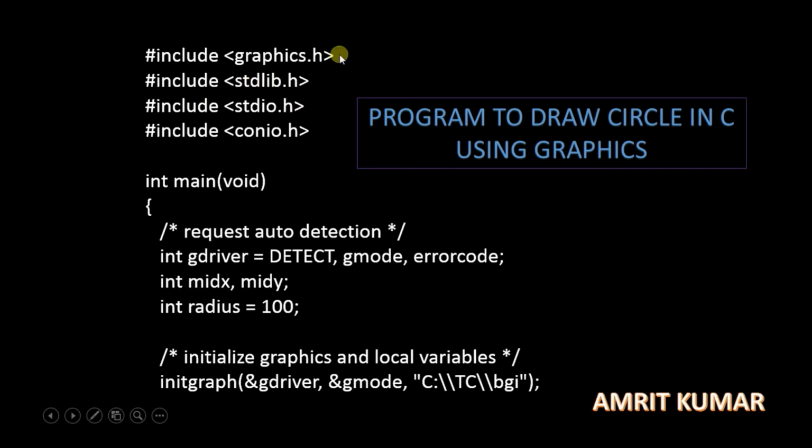After declaring the header files, we move forward to the main function. Here is the main function whose return type is integer, so it returns an integer value. Then I am opening the main function, and you can see I am declaring the variable gdriver, to which we assign DETECT, of integer data type, and gmode of integer data type, and errorcode also of integer data type.